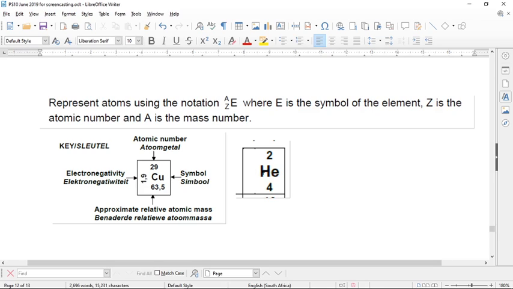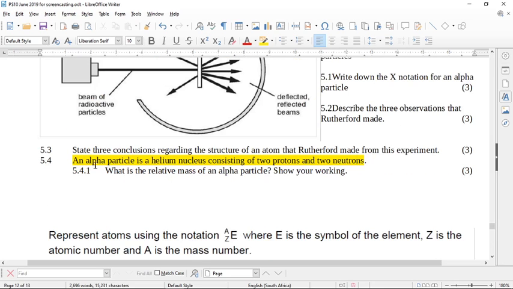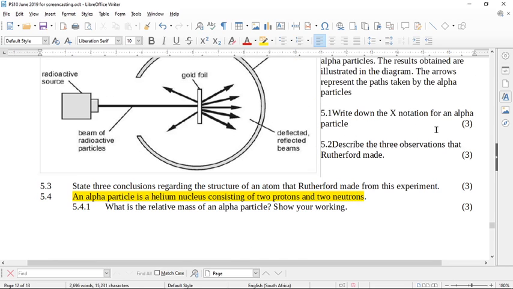So what we're going to do is we're going to take helium. We're going to write He for helium because it's the element. We're going to put the 4 on top because it is the mass number that goes on top, and we're going to put the 2 underneath because it's the atomic number, because that's how this notation shows you. And then, because an alpha particle is a helium nucleus, we're going to lose the 2 electrons and give it a 2+ charge.